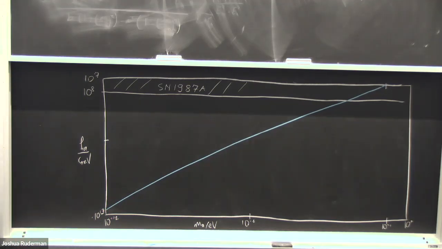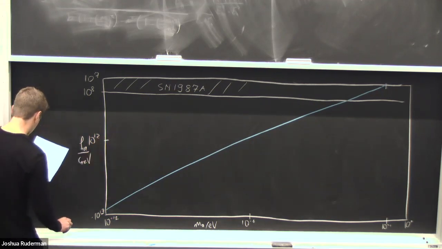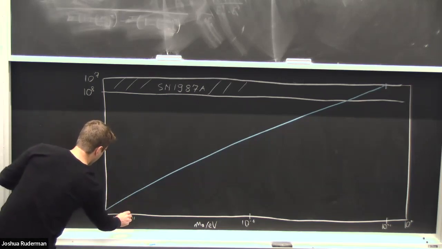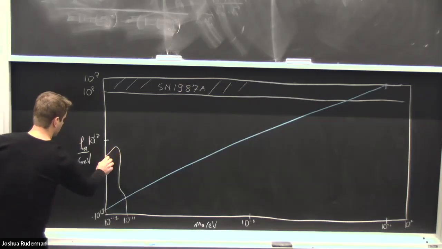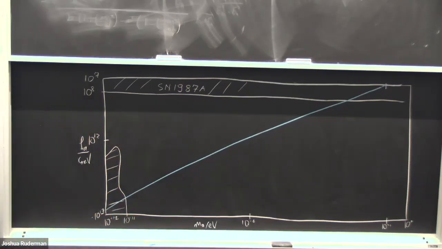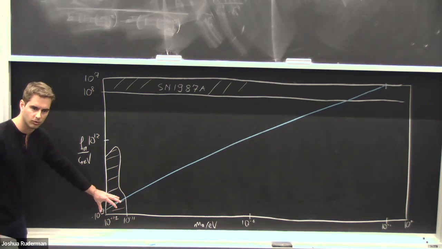In addition, something Sergey has pioneered, from black hole superradiance constraints, we know that there are constraints here that look like this, where there would be an instability around black holes. So we also know that the QCD axion doesn't live with a Planck scale decay constant.